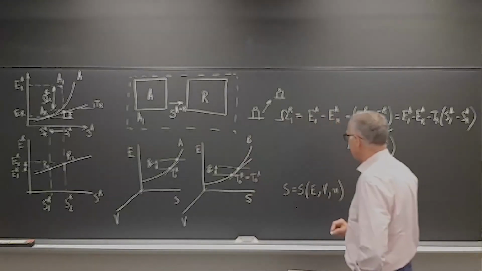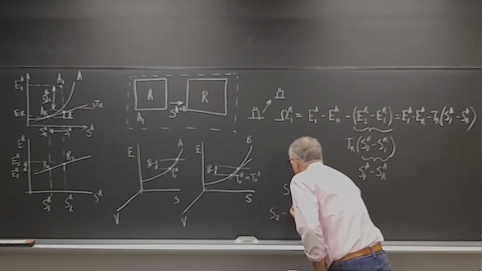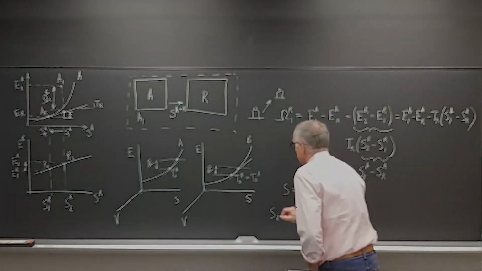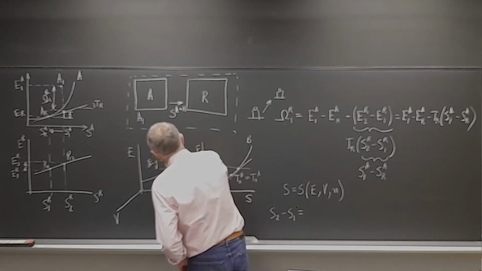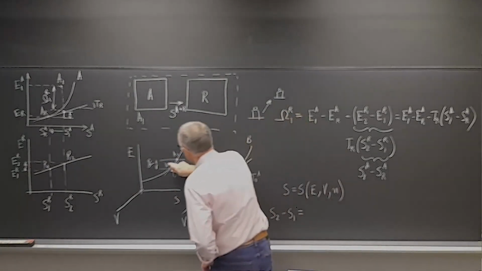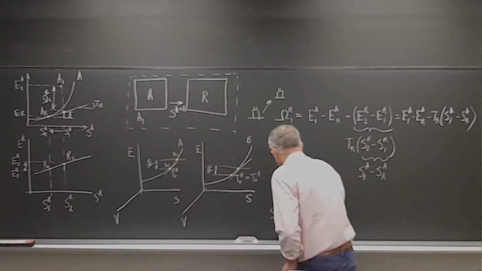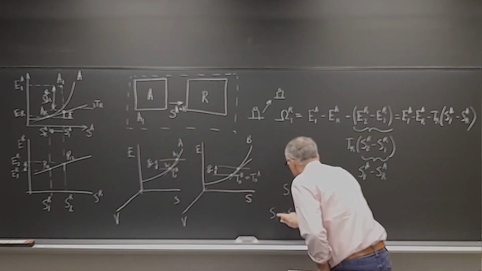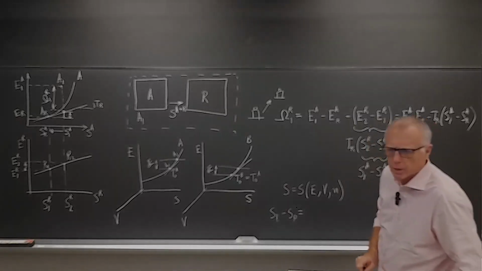So if I want to compute the difference of, say, S2 minus S1, this being state 1 and this being state 2, or actually, sorry, let's make it 0 and 1. So S1 minus S0, that's what we want, yeah?